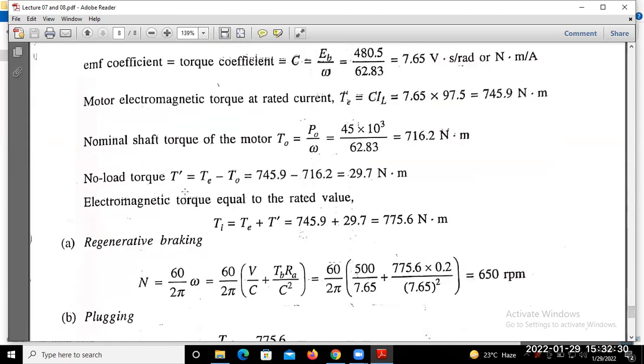So electromagnetic torque equals the rated value, that means electromagnetic torque plus no load torque. So electromagnetic torque is equal to 745.9 plus 29. From this equation, you can find out the value of this one.